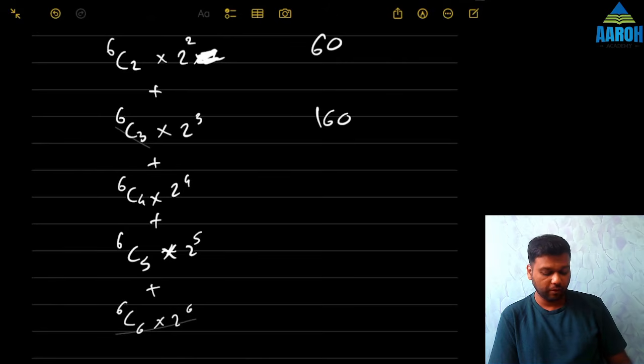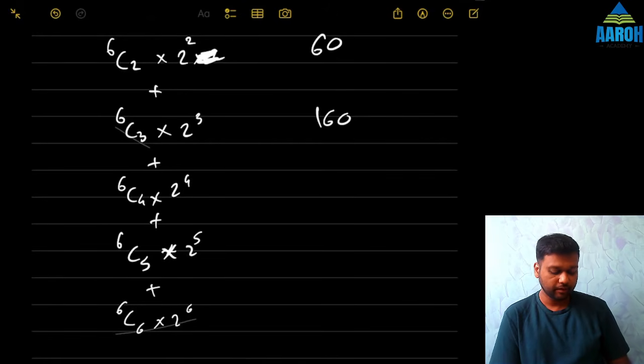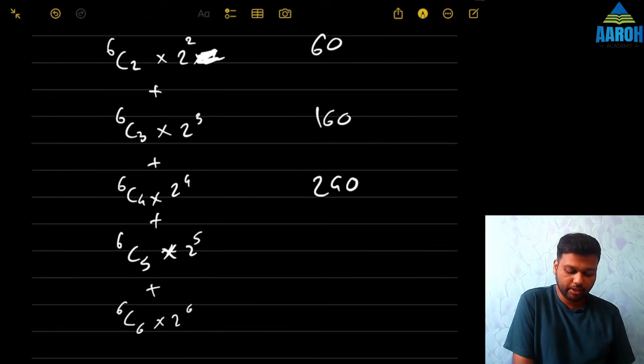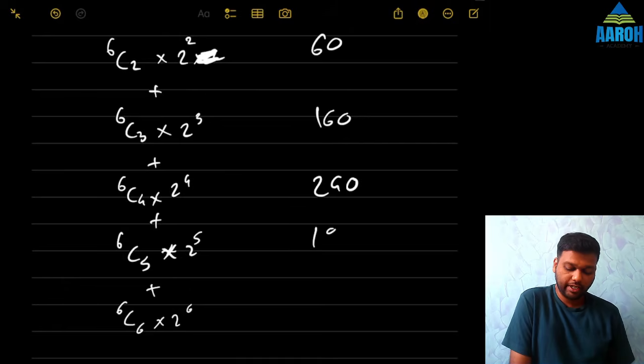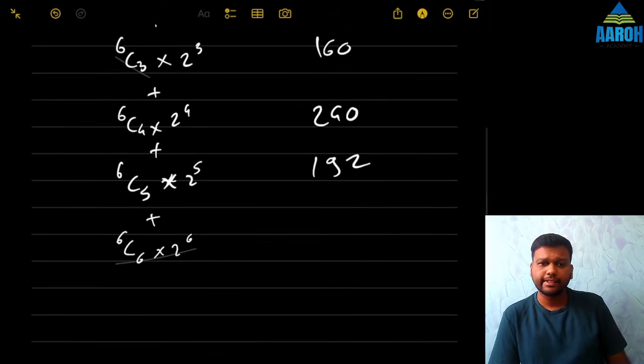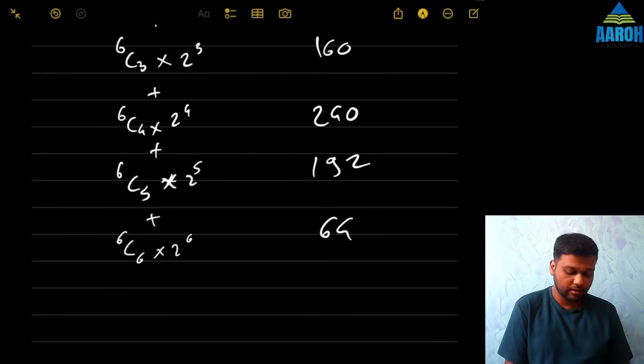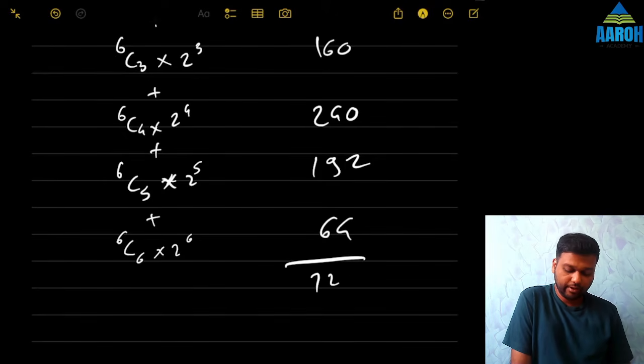Then 6C4 will be 6 into 5 divided by 2, that is 15, into 2 raised to 4 is 16, 240 m plus. 6C5 is 6 into 2 raised to 5 is 32, 192 m plus. 6C6 is 1 and 2 raised to 6 is 64 m plus. So total will be 728, which is the correct answer.